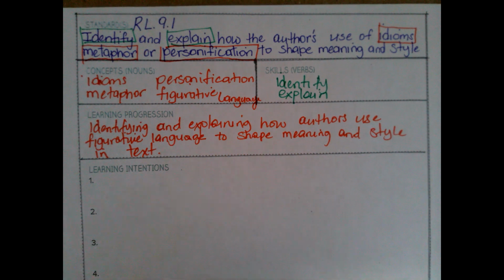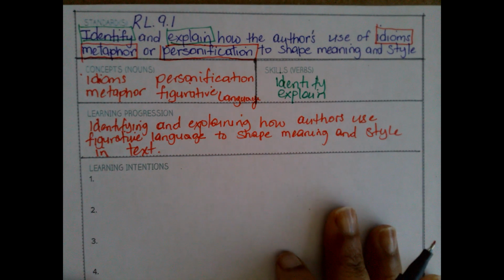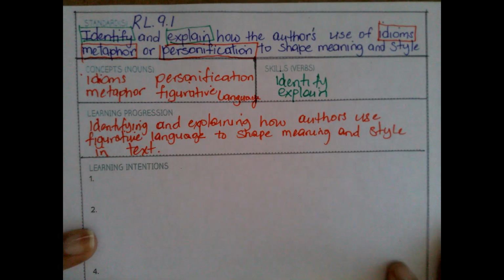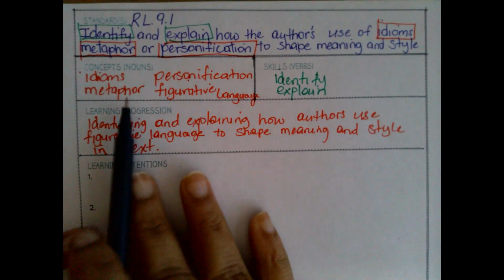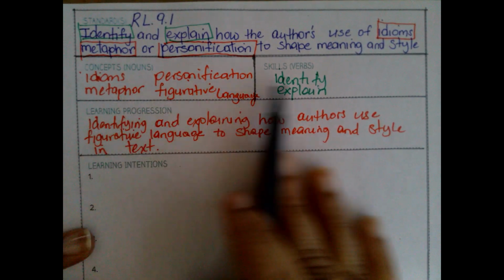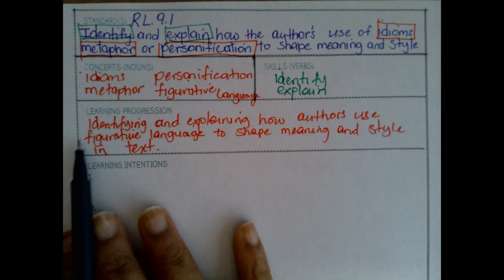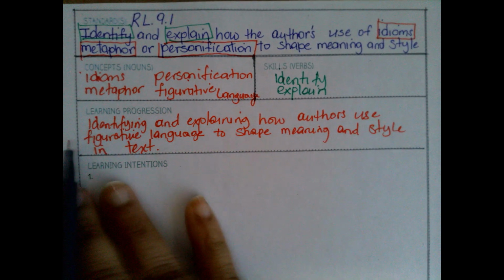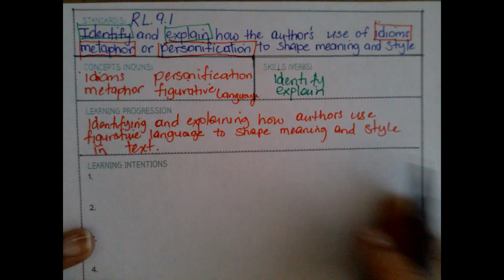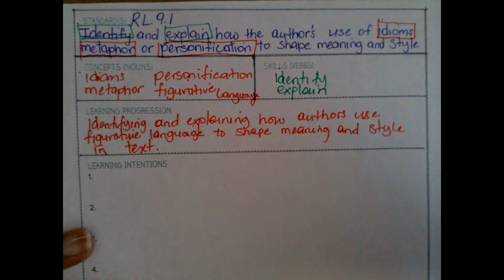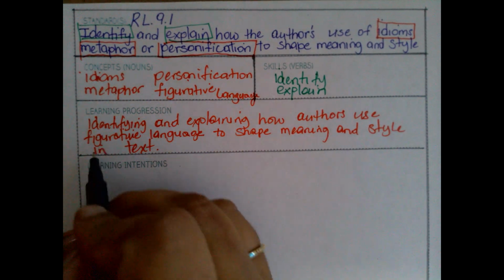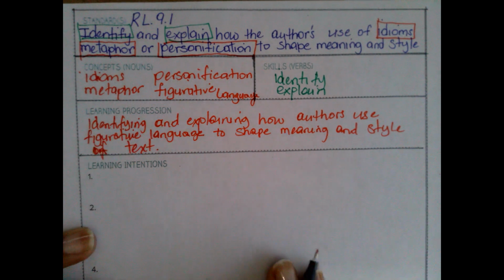The students will not see this, and this is a guide to you planning your lesson. Now, having done that, we have the concepts that we need to explore, we have the skills that will be used, we have an idea of what we will be teaching: identifying and explaining how authors use figurative language to shape meaning and style in texts.